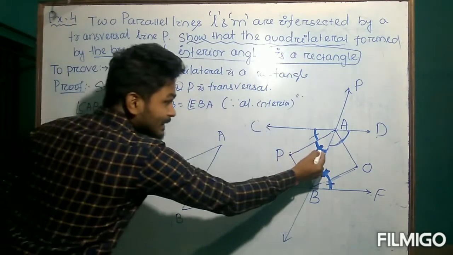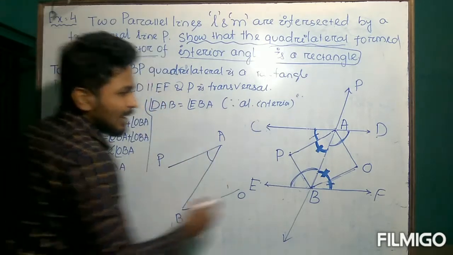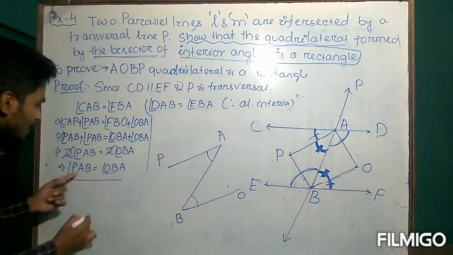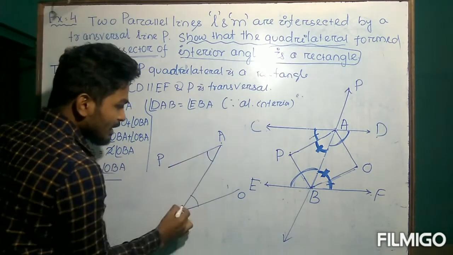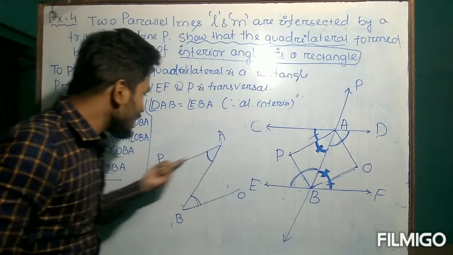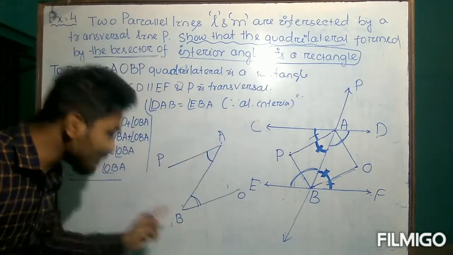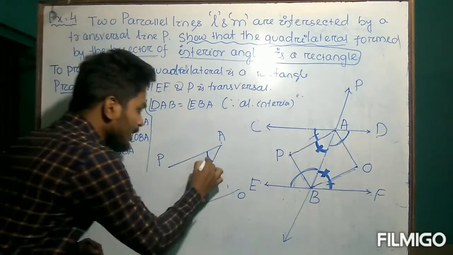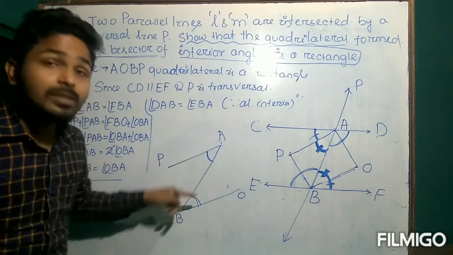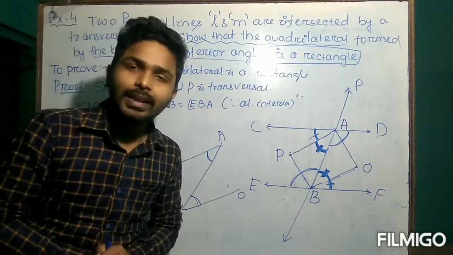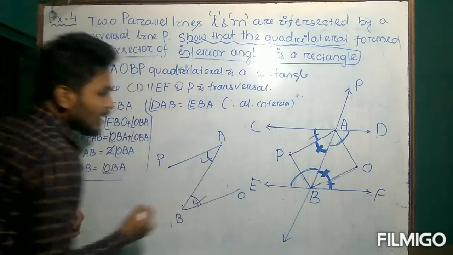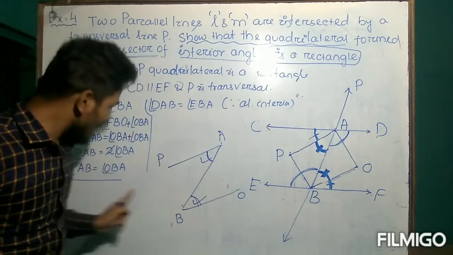We have proved that PAB is equal to OBA, this angle is equal to this angle. Now tell me, if these are two lines and this is the transversal line, and if these two angles are equal, these two angles are known as what? They are known as alternate interior angles. And here we have proved that the pair of alternate interior angles are equal.